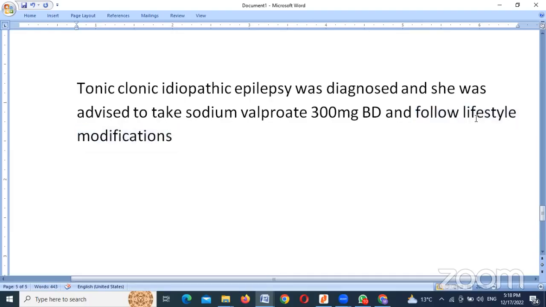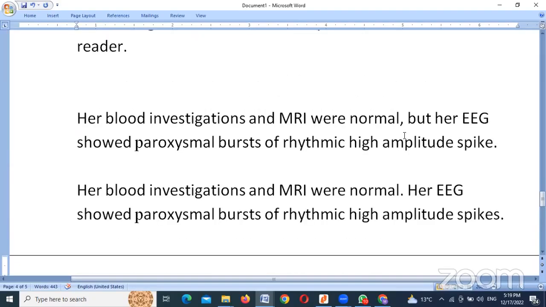Advised to take and advised to follow. That is why I'm using it for both of these parts. So tonic-clonic idiopathic epilepsy was diagnosed and she was advised to take sodium valproate 300 milligram BD and follow up. Okay, advised to take and follow lifestyle modifications, or to follow precautions, preventions, or you can write health education was provided. She was educated on preventions like this. You can add anything like this.